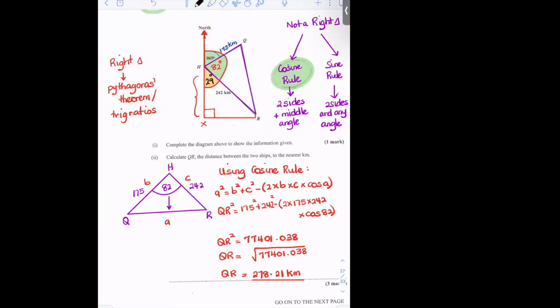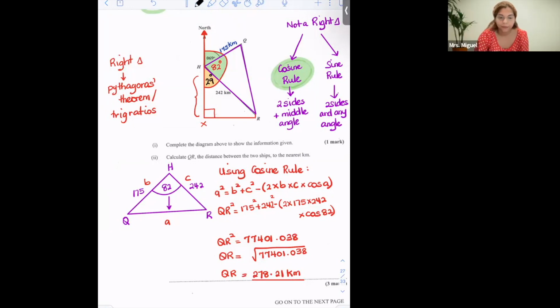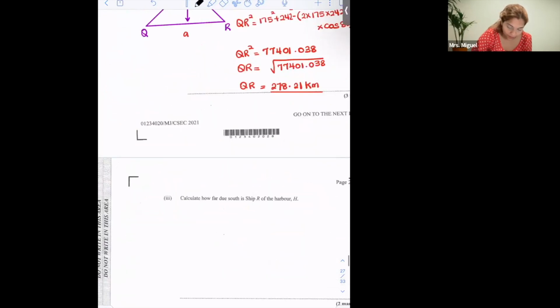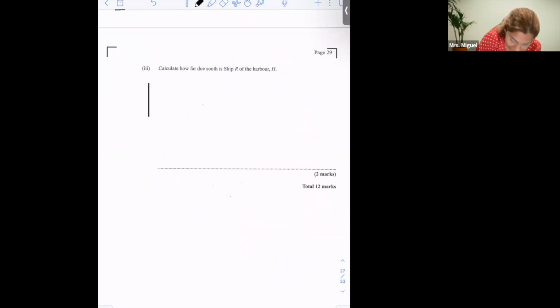Yes, miss. So because my screen is so packed, I'm going to draw the triangle a little further down, right? So here I have a right triangle. This is H, I'm calling here XR. This is 242.